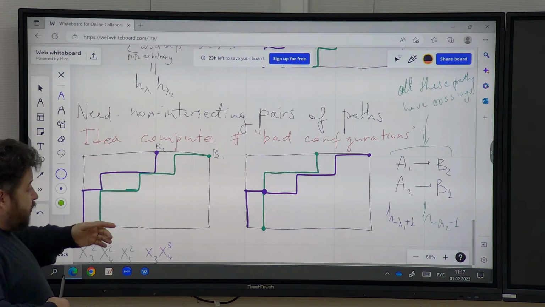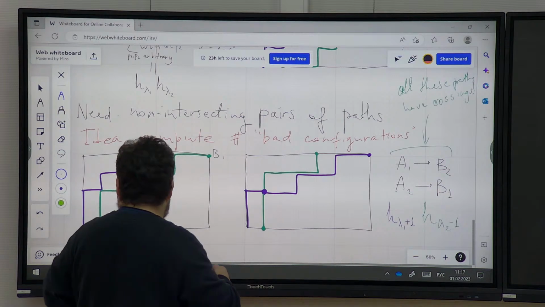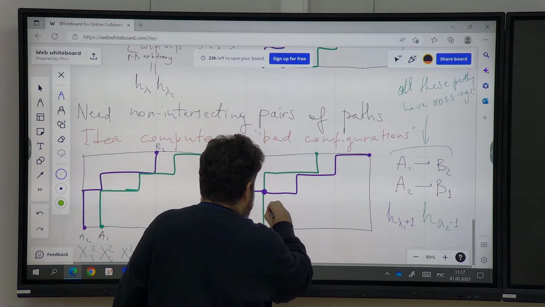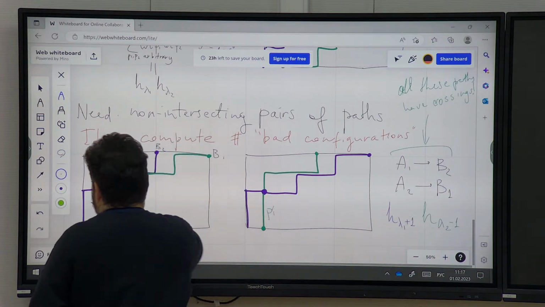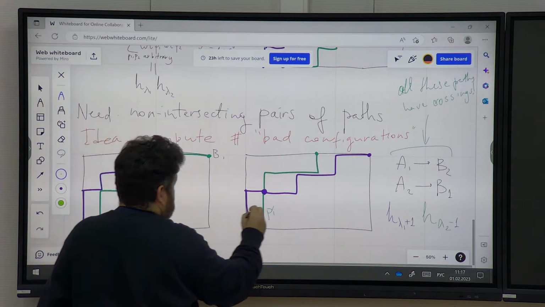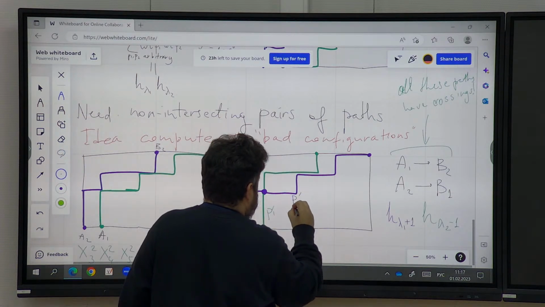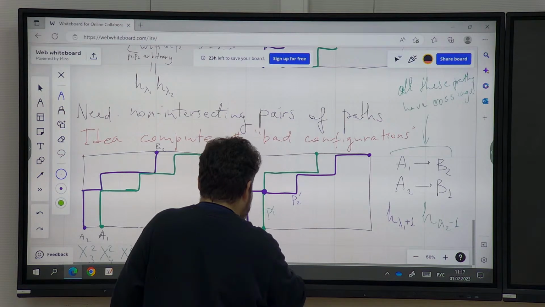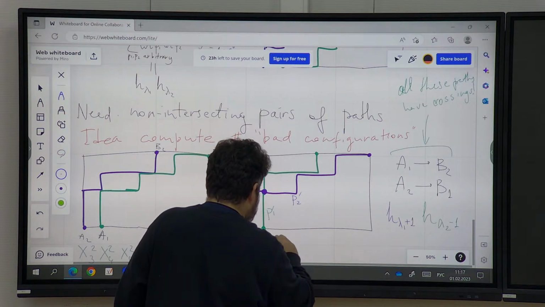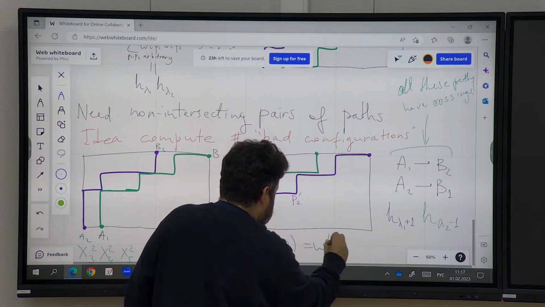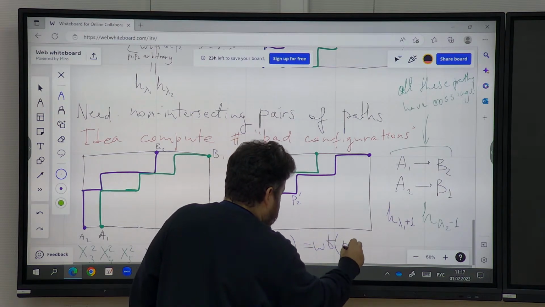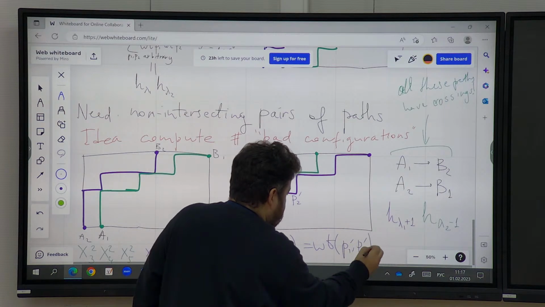So the weight of P1, P2 is equal to the weight of P1 prime, P2 prime.